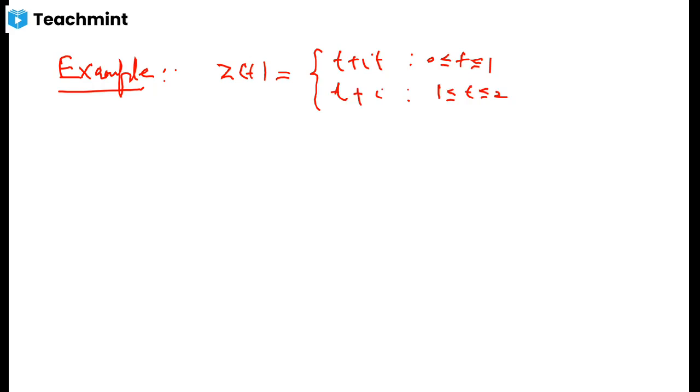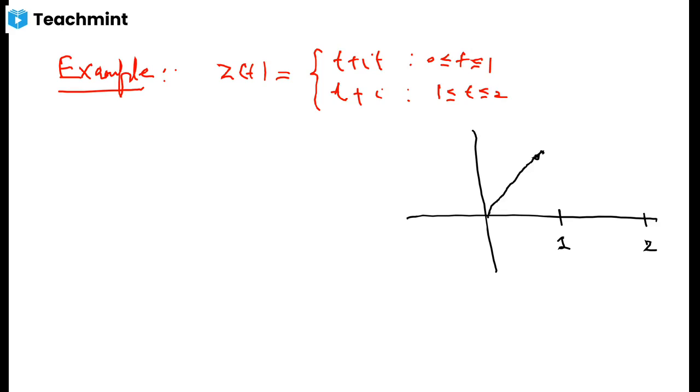Here it is 1, and it is 2. So first it is t plus it, a diagonal line up to 1. And then after that it is a line where the imaginary part is constant.